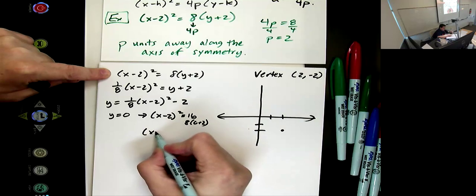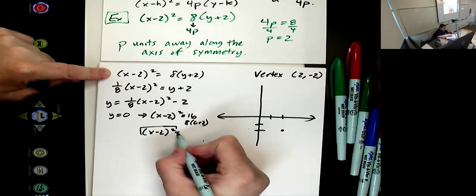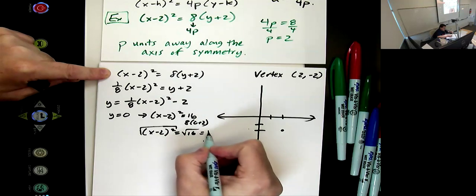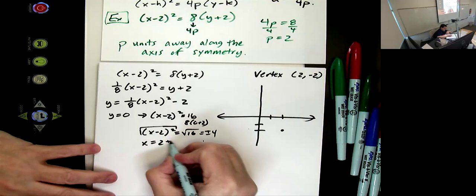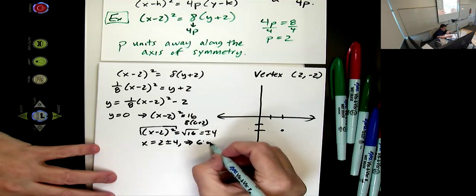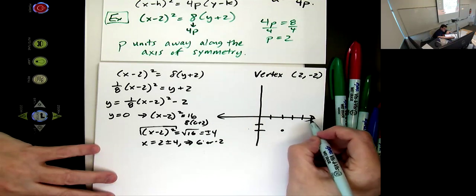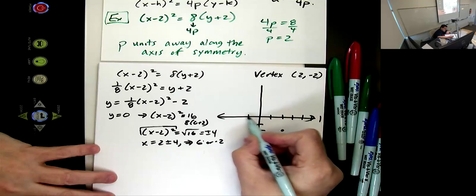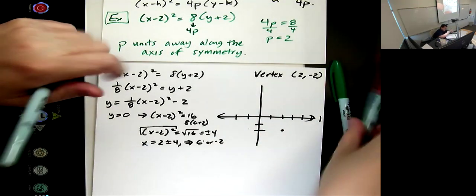So x minus 2 squared equals 16, take the square root, is plus or minus 4. So x equals 2 plus or minus 4, which is 6 or negative 2. Those are my x-intercepts. I think that's enough.